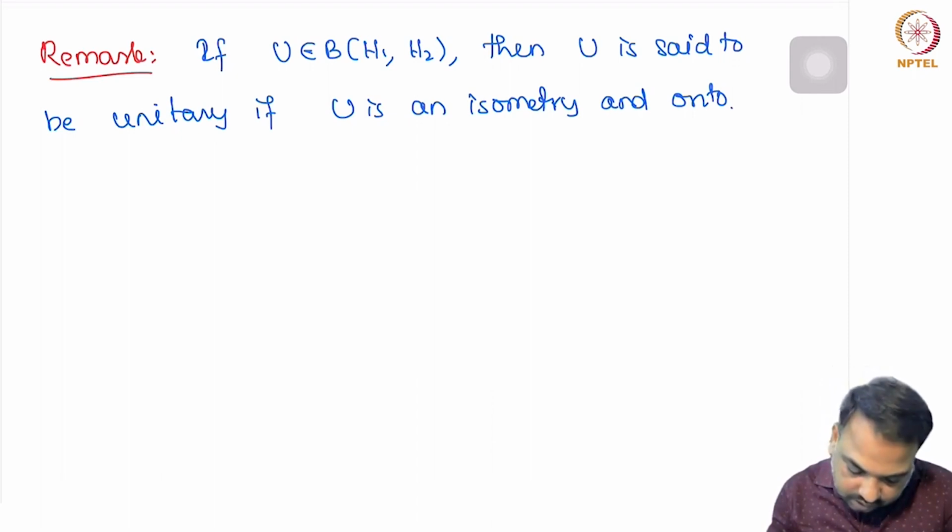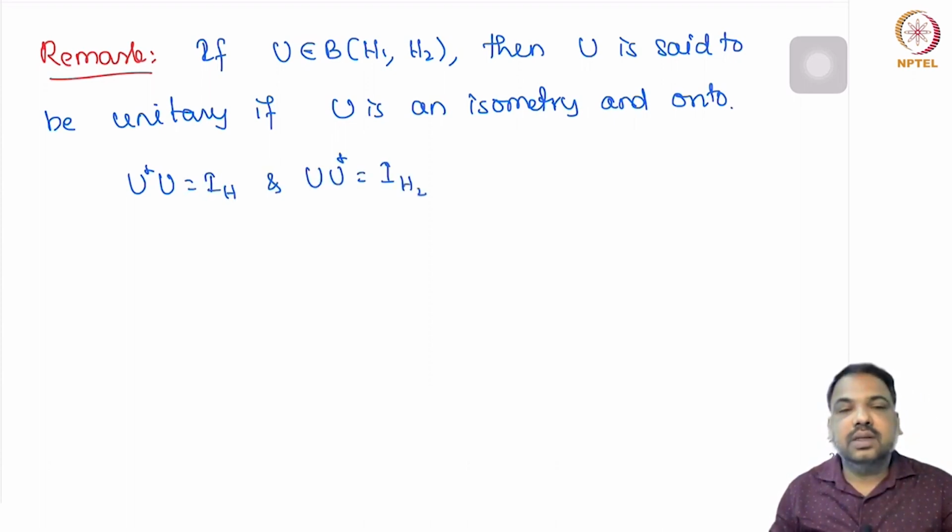So in this case, U star U is identity on H1 and U U star is identity on H2. In this case, we cannot say that a unitary operator is normal, but in the earlier definition, we can say that every unitary map is normal. Sometimes we use this definition also, in particular when we prove the spectral theorem for normal operators, the multiplication form of the spectral theorem, we use unitary in this way.